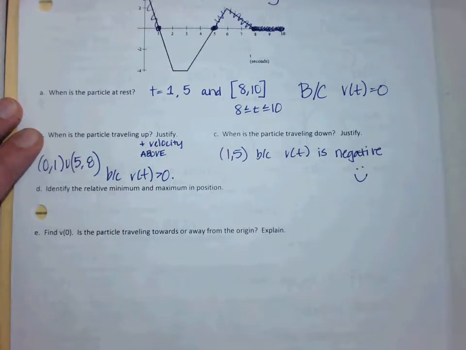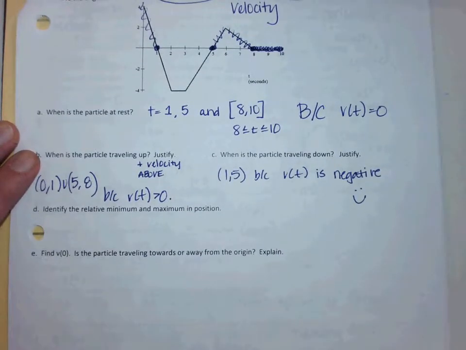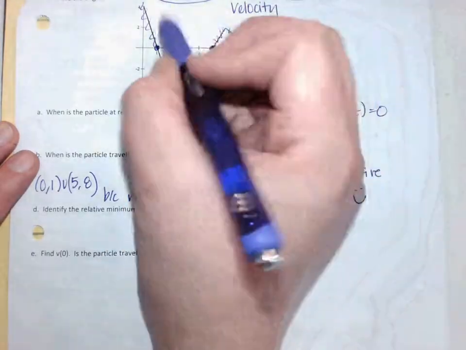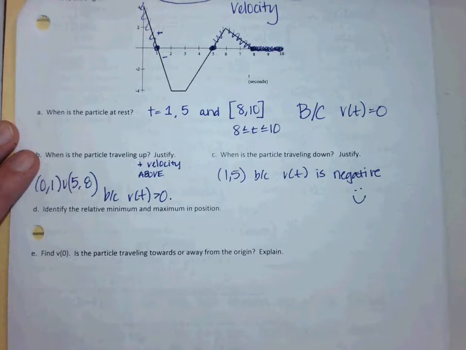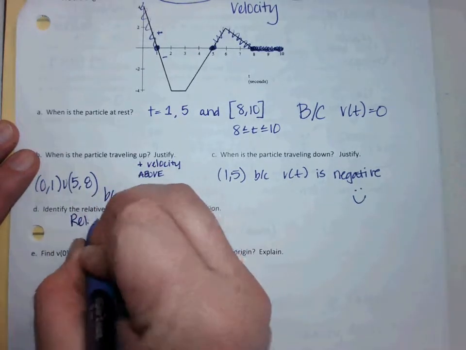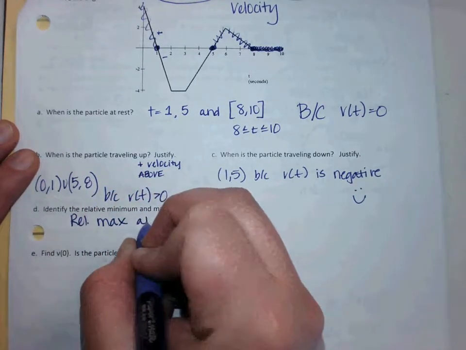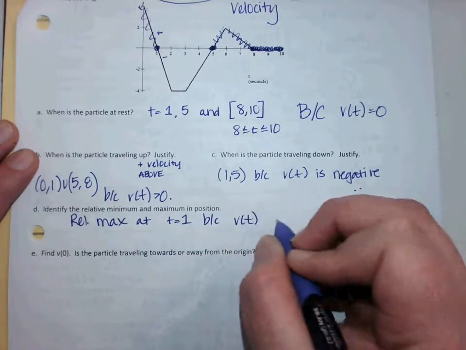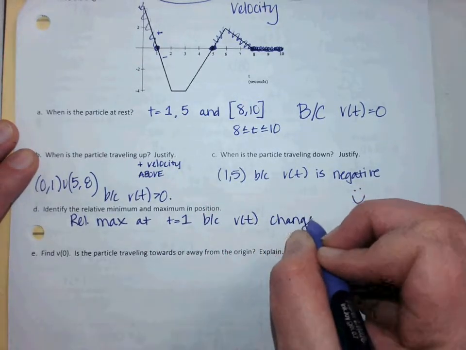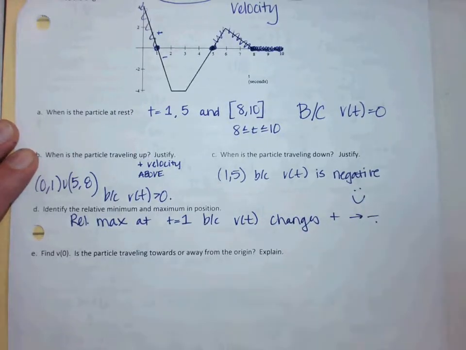Okay, next one. Identify relative mins and maxes. What type is number 1? Is that a min or a max? How does the derivative change from positive to negative? It's a max. Very good. So I have a relative max at t equals 1 because velocity changes plus to minus.